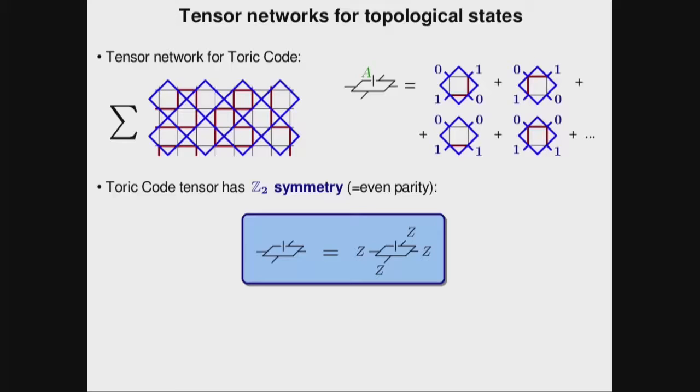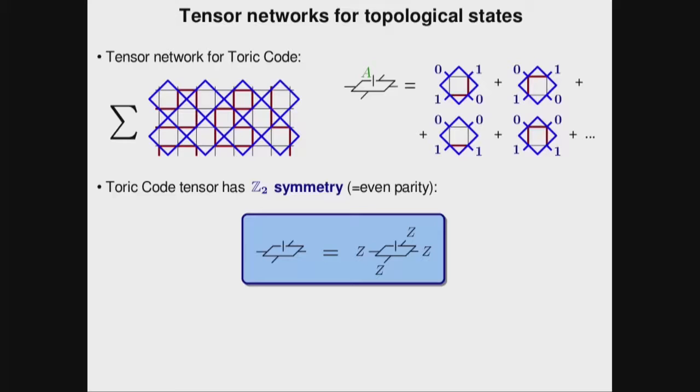So it means if I multiply this tensor with a Pauli Z on all the entanglement degrees of freedom, I must get +1, which is just a reflection of the fact that there are only closed loop patterns, right? There's a parity constraint on loop patterns. It's reflected in a parity constraint on the entanglement degrees of freedom. So this tensor turns out to obey some parity constraint.